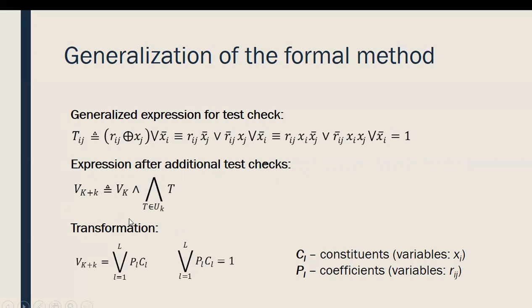Then we can transform this expression to a PDNF-like form. However, we will split it into constituents which contain variables x, y, and coefficients which contain variables r, i, j.